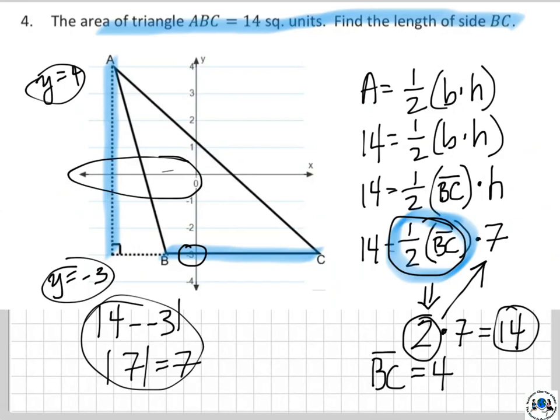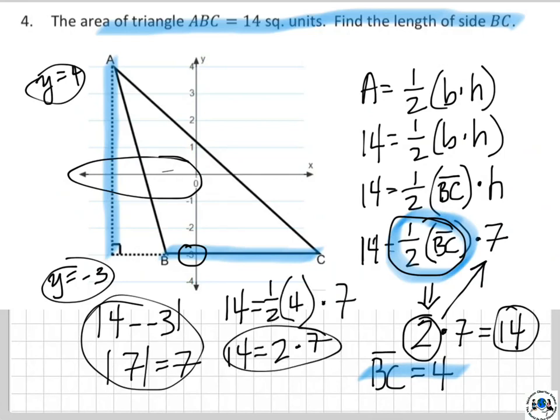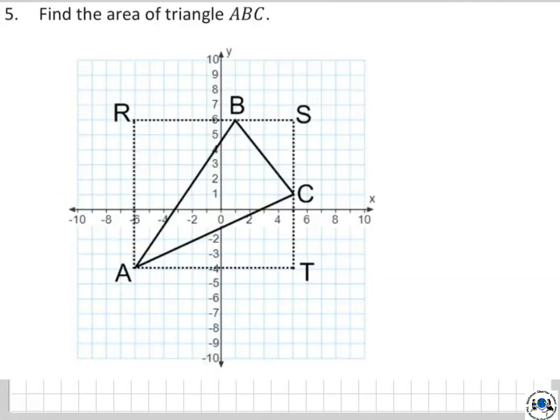So BC has to equal 4 for it to work. Now we can go ahead and plug that in and see if that works out. And it does indeed. 14 needs to equal 1/2 times 4 times 7. So 1/2 times 4 is 2, times 7 is 14.